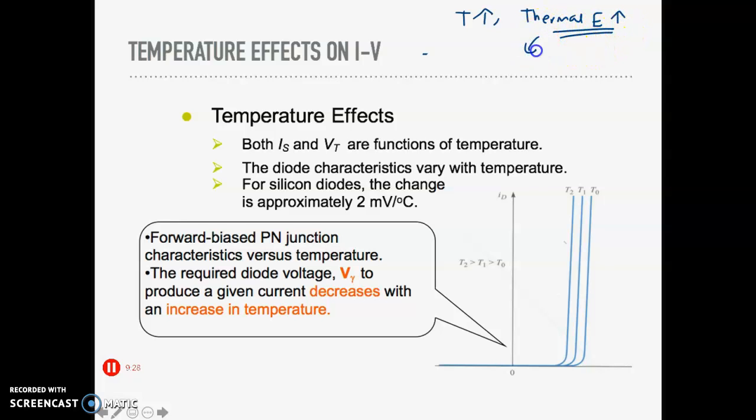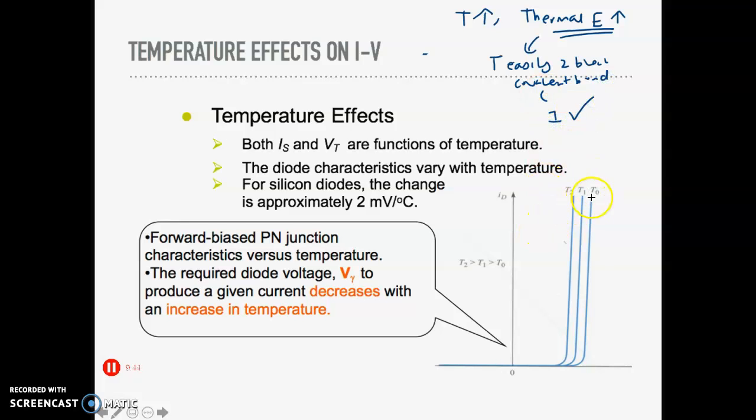So the covalent bond is easier to break. When it is easy to break the covalent bond, we can get the current easily.